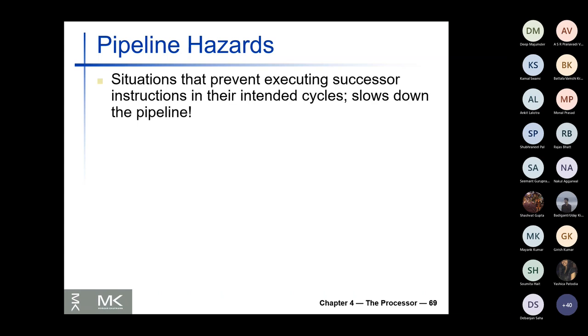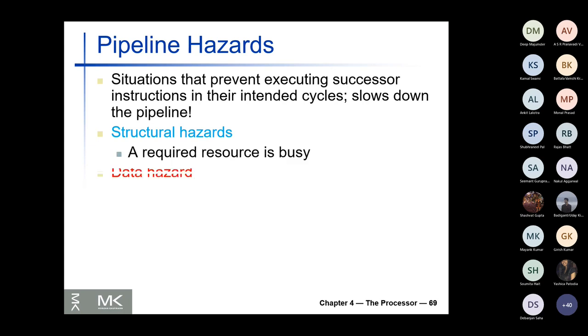So hazard is a situation that prevents executing the successor instructions in their intended cycles. Each successor instruction is supposed to be executed one after another, but because of the hazard created by the previous instructions already in the pipeline, it slows down the flow. And as we have just mentioned, we have three kinds of hazard.